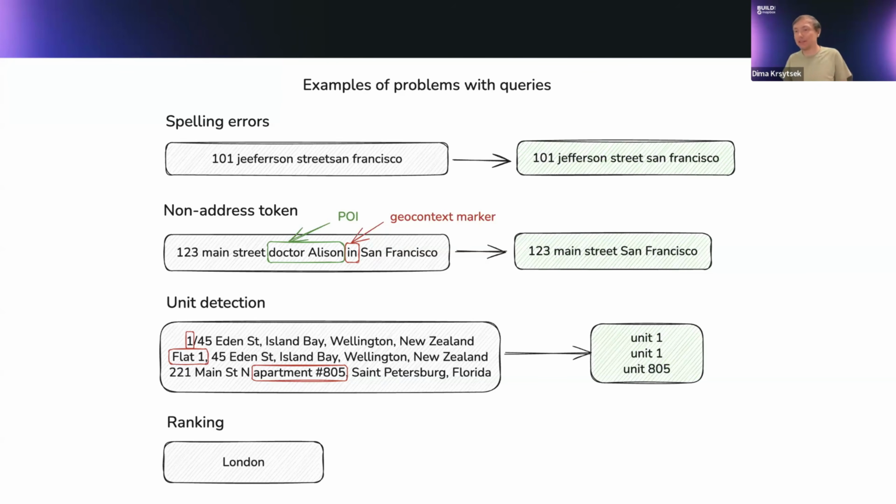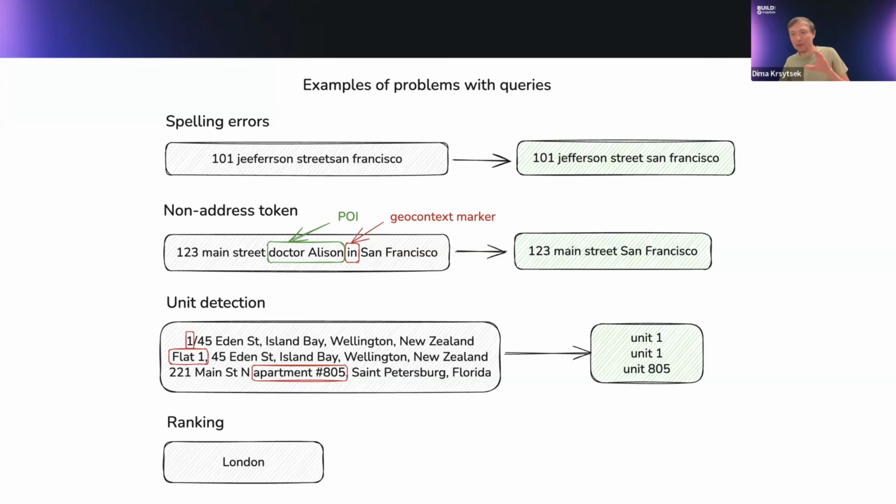Next example is unit detection. This problem can look simple at first look: let's just find the information in the user query about what unit the user wants to search. But in different countries, people use different formats for units. And even in one country, people can create a lot of ways to provide unit information.